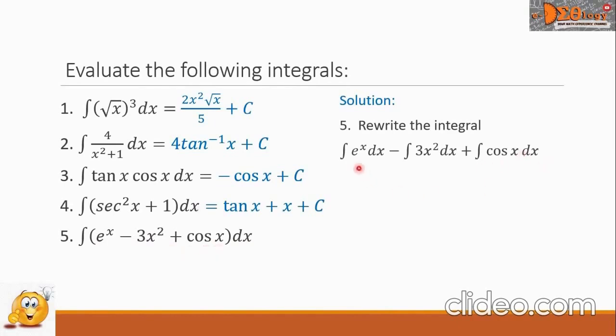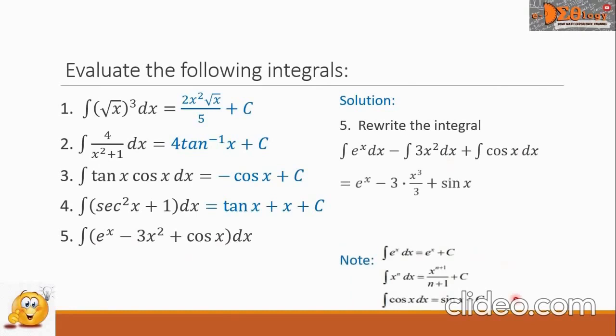So we're going to use three different integrals here. And these are the formulas that we're going to use. So the integral of e^x dx is simply e^x, minus the constant 3 times x cubed over 3, plus the integral of cosine x, which is sine x.